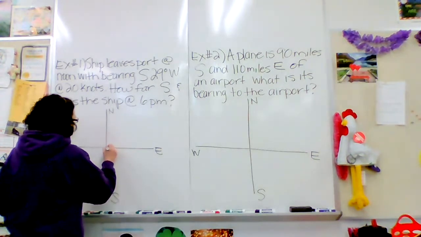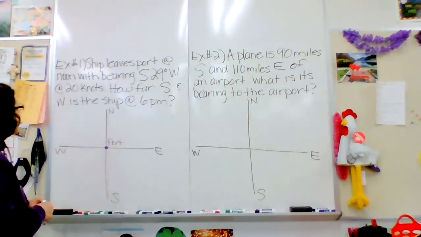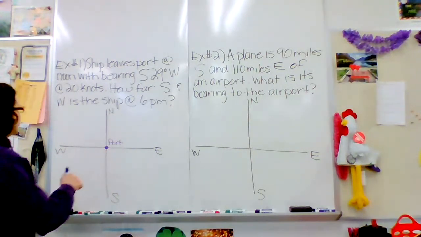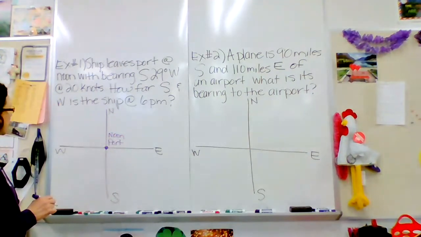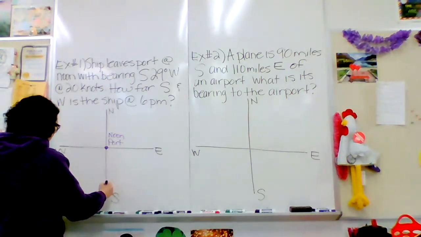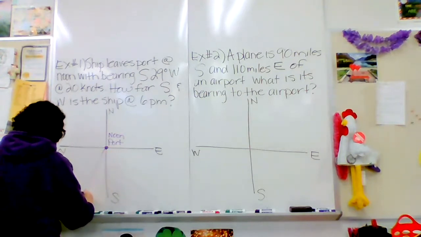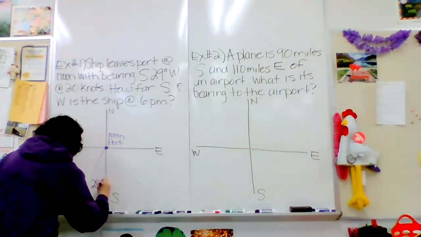So we are always traveling from the center of a compass. Here's your port right here, and this is at noon. It has a bearing of south 29 west, so south and 29 degrees to the west.